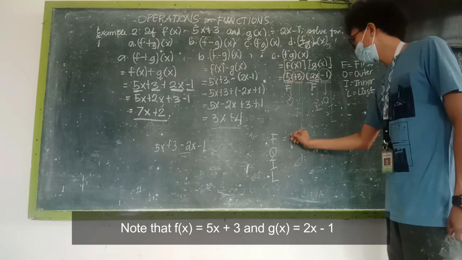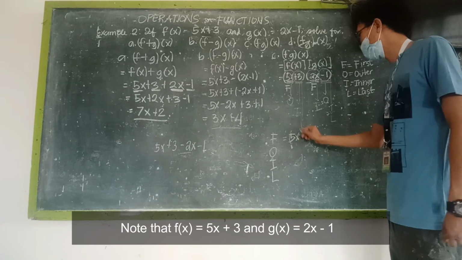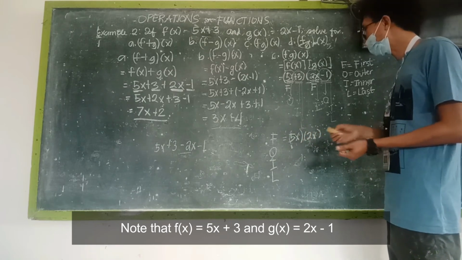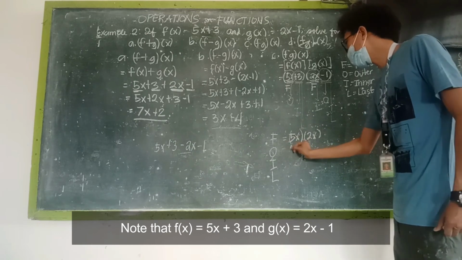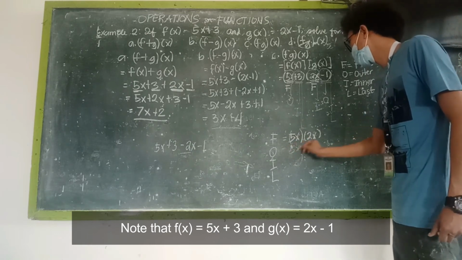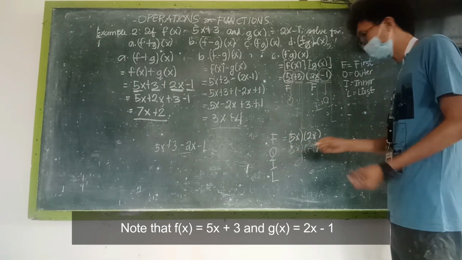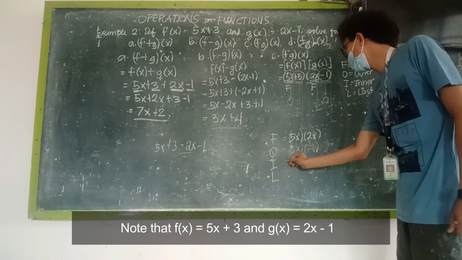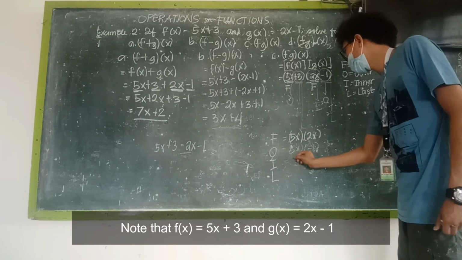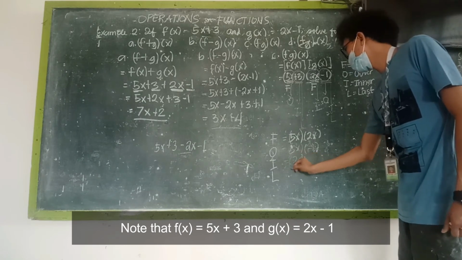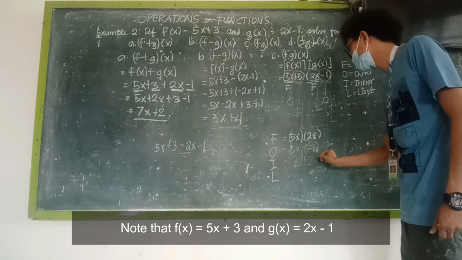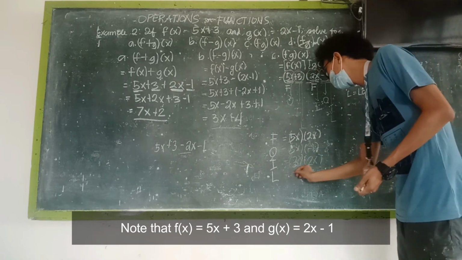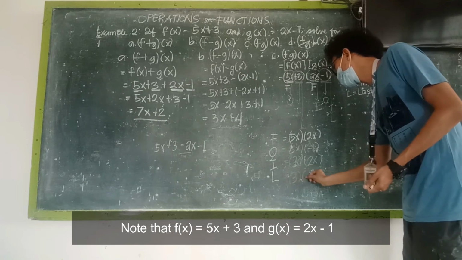So, we have 5x times 2x. Sa outer natin kanina, nilabel natin ang 5x at saka ang negative 1 bilang outer. Ang I naman natin inner, we have 3 times 2x. At saka ang L naman is ang brown, 3 times negative 1.